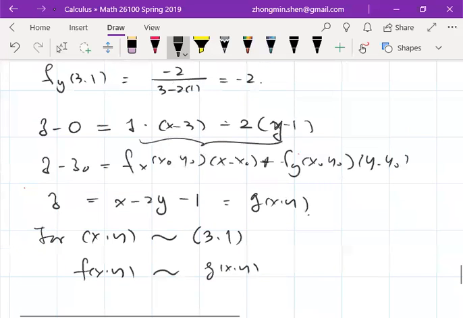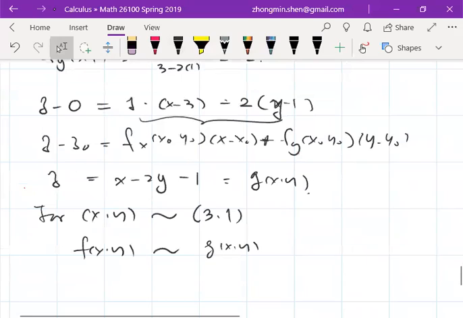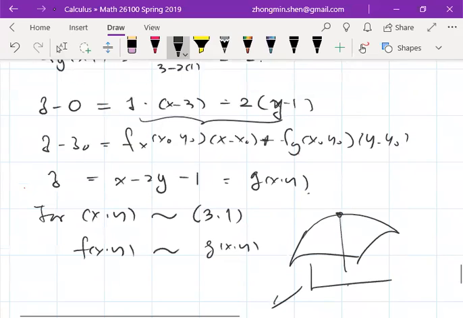The reason is, you know, this is a surface. This is a point, and above here is going to be 3 and 1. And this is the tangent plane, and here's an arbitrary point x and y, and this is above. So look at that: the z value for the tangent plane is going to be x minus 2y minus 1, and for the graph it will be f of x, y.